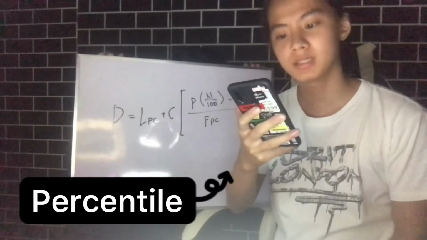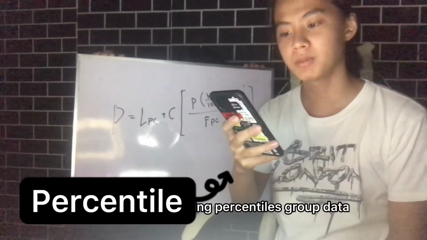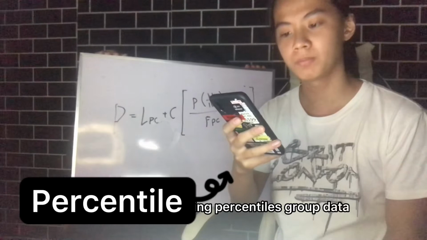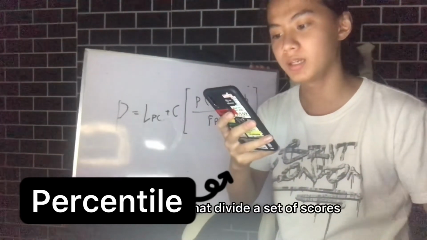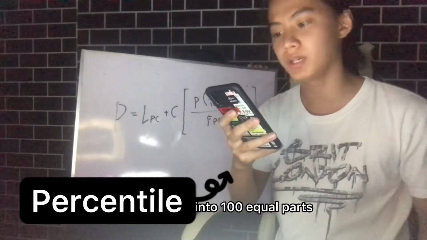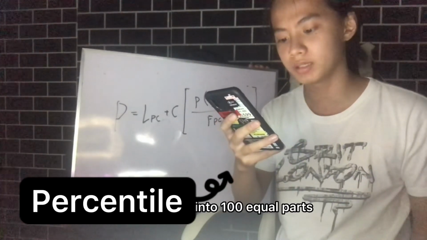Ako po si Tsubasa Rosero and I will be explaining percentiles for group data. So percentiles are values that divide a set of scores or observations into 100 equal parts.